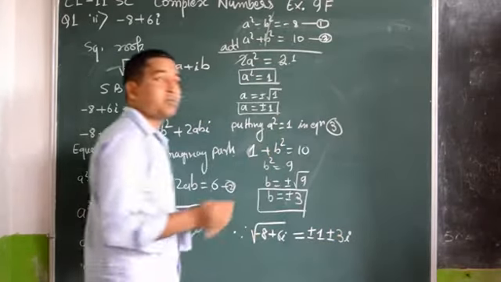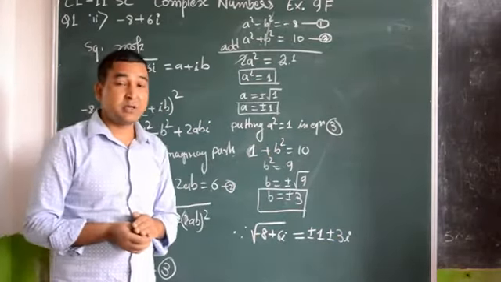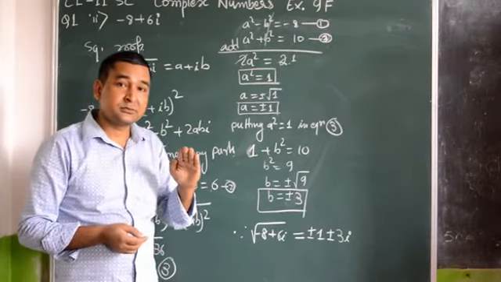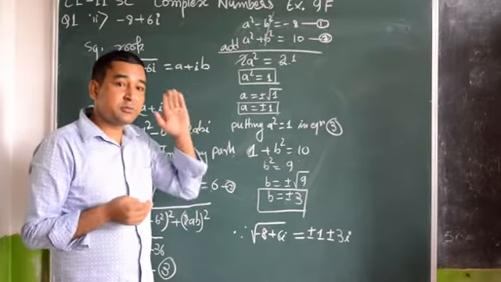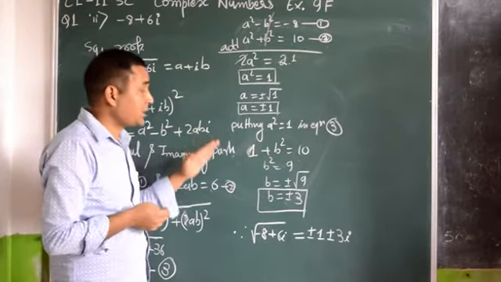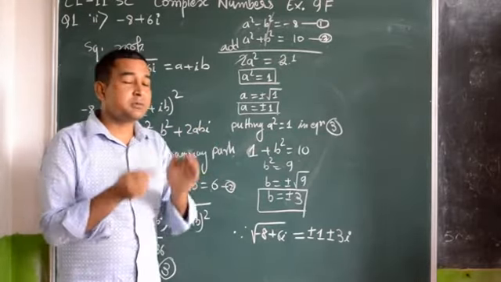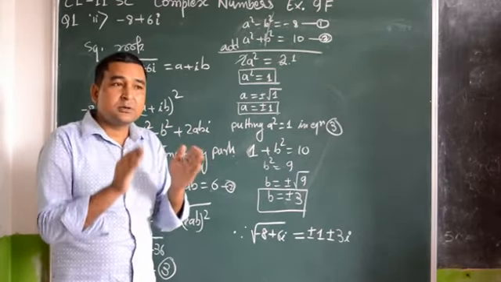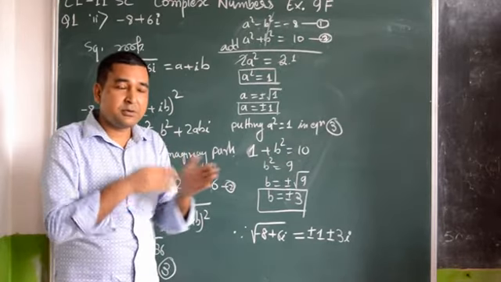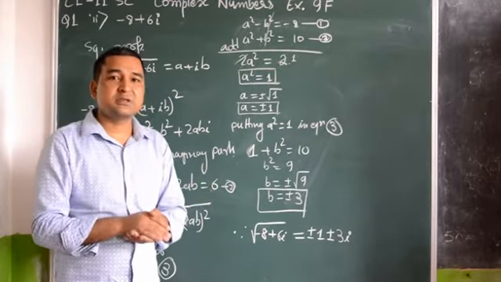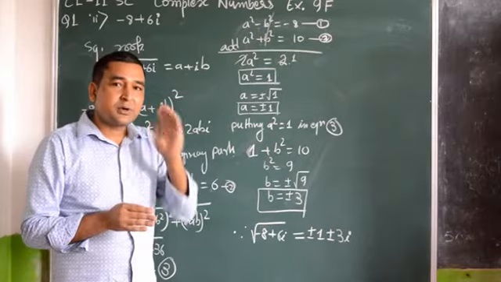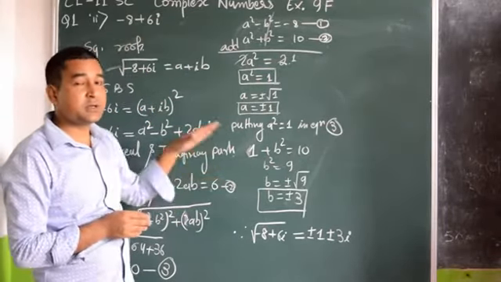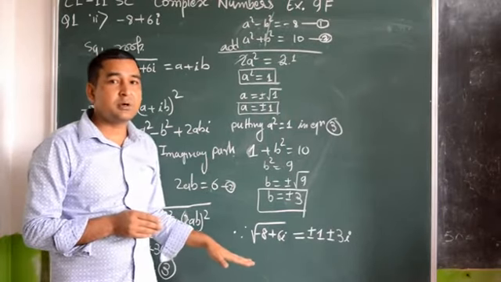This way we have to find the square root of a complex number. Just follow that procedure. If the question is in complicated form or not in standard form, simplify it by rationalizing or taking the LCM or whatever is needed. Then after converting to a simple form like this, go through that procedure to get the square root of the given complex number.